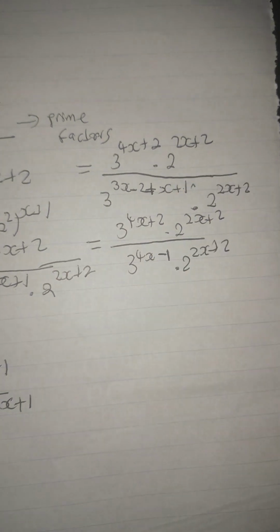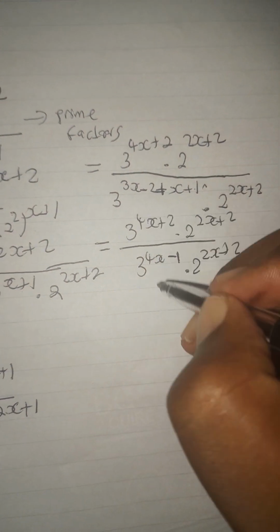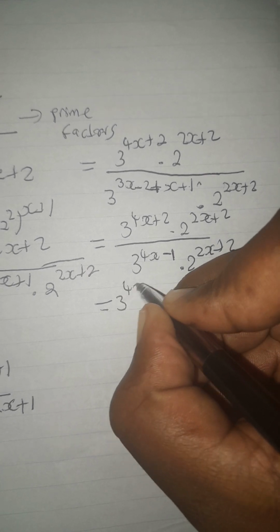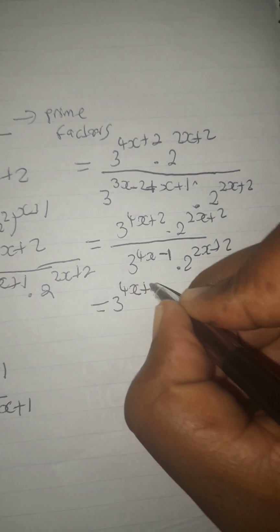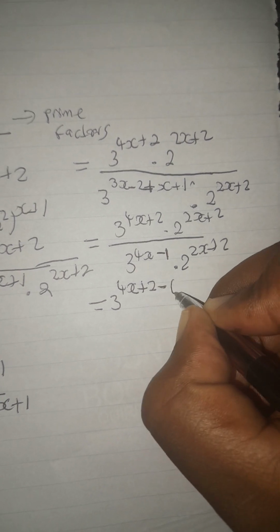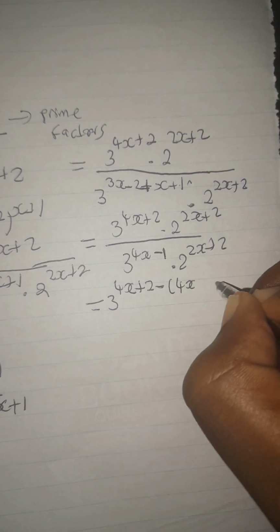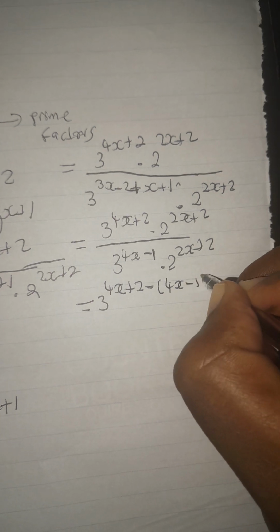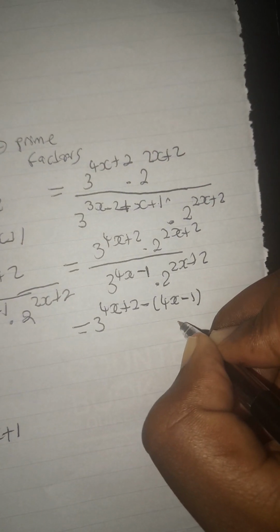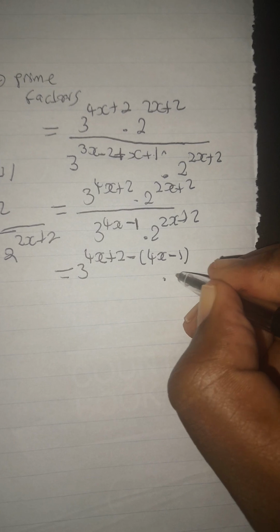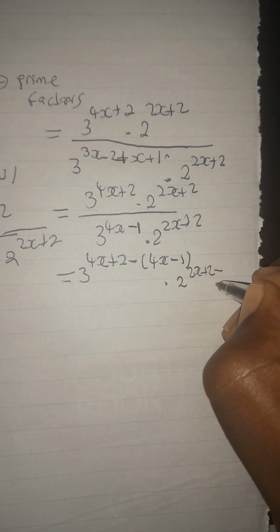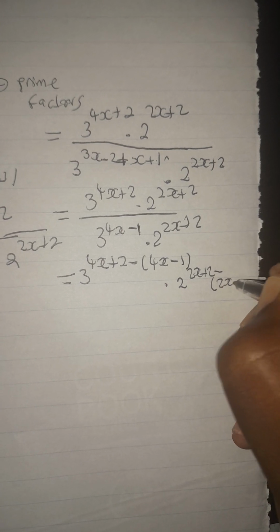Another law that we will be working with in this case: when the bases are the same, when there's division, we subtract the exponents. So we could have 4x plus 2 subtracted by 4x minus 1, multiplied by 2x plus 2 subtracted 2x plus 2.